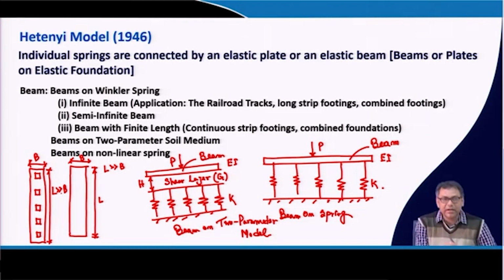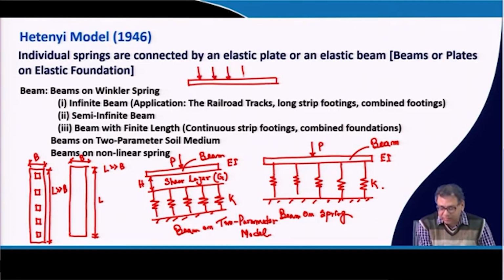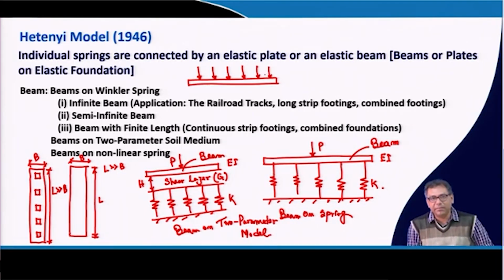So, in such case there will be multiple concentrated loads coming from the columns. So, that means in such case your foundation will be the beam and there will be n number of concentrated loads. Okay, so that can be idealized as an infinite beam.